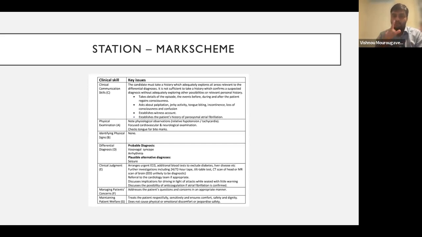The main reason for people not passing is minor faults in each section. So I'd never want anyone to come out of a station thinking, oh gosh, that was a terrible station, because even if you fail a station, you can pass overall. That's really important to say, because you only lose a couple of marks.